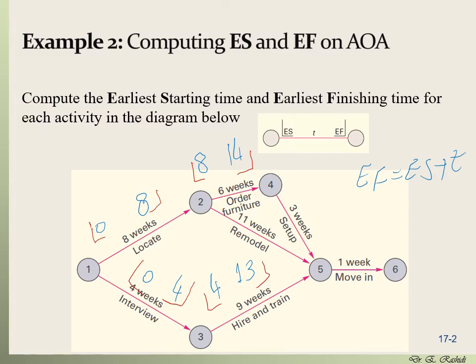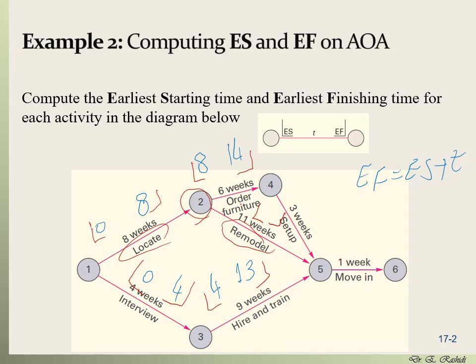Next, I'm going to go with the activity of remodeling. That's this activity. So I'm going to open a little box here. For the earliest start of remodeling, we have to be up to node 2, which is the finish point of arrow 1 to 2, the activity of locating.